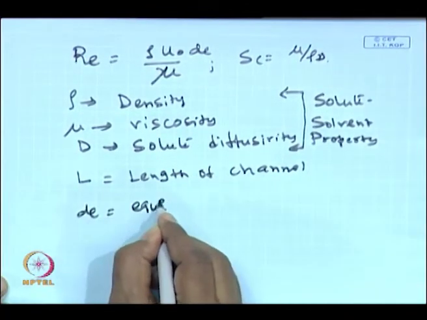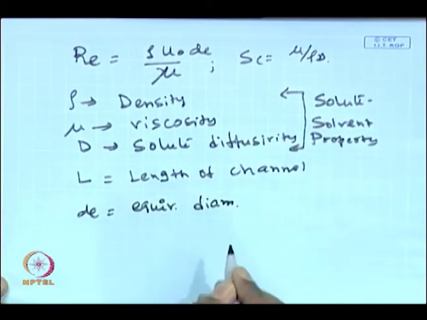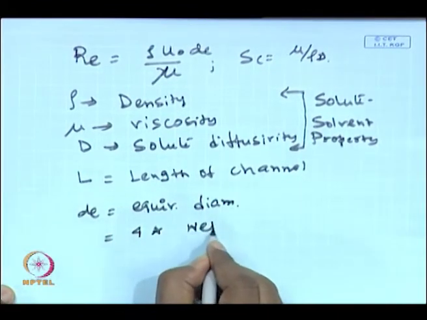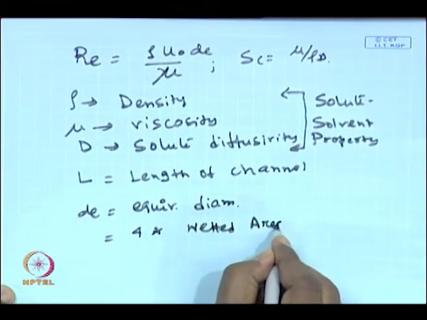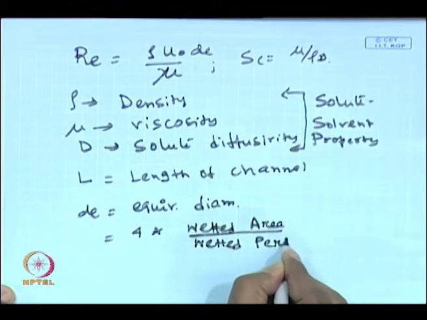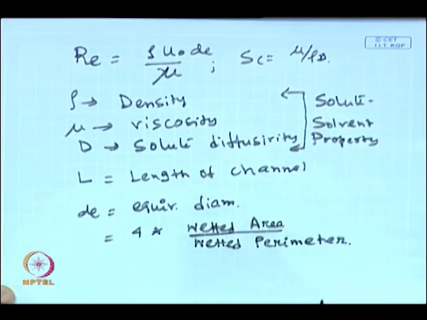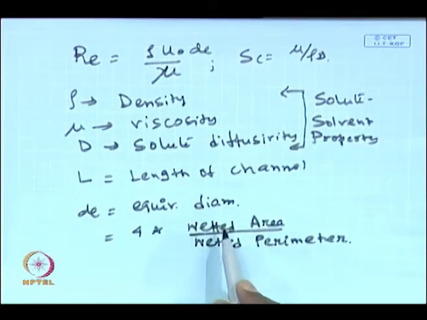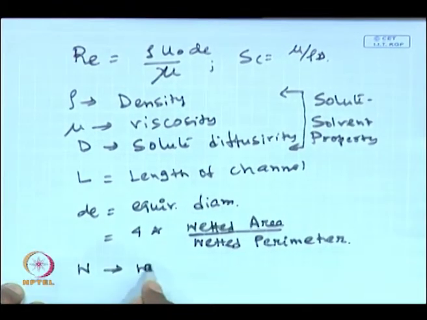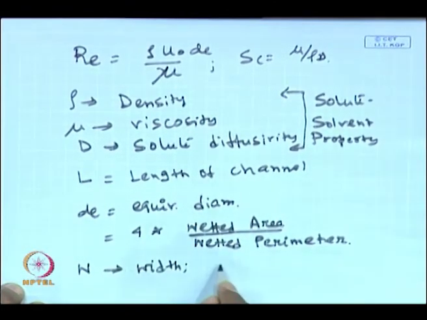If you remember the definition of equivalent diameter, it is 4 times the wetted area divided by the wetted perimeter. For a tube geometry, the diameter will be the inner diameter of the tube. For other geometry like a rectangular channel, let us say W is the width, H is the half height of the channel.